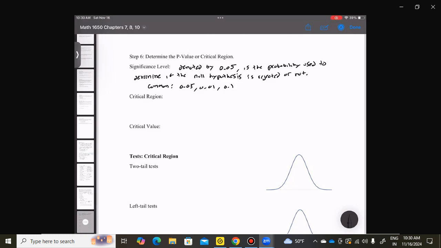Critical regions is the area in the tails of the distribution where the null hypothesis will be rejected.